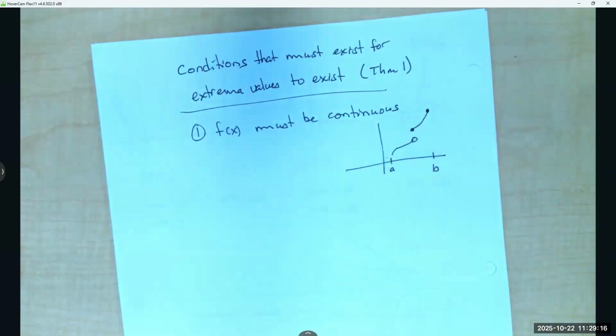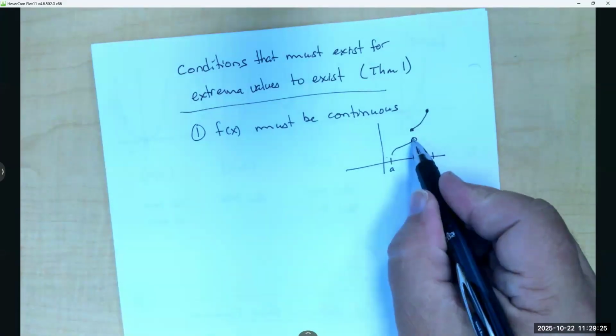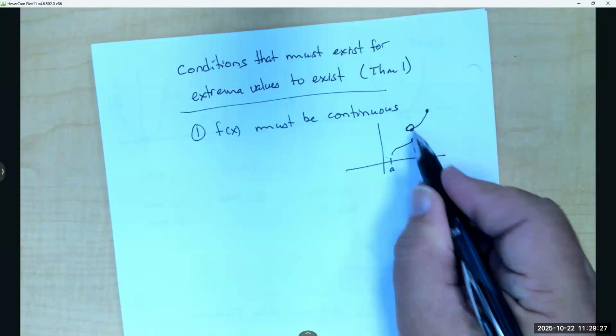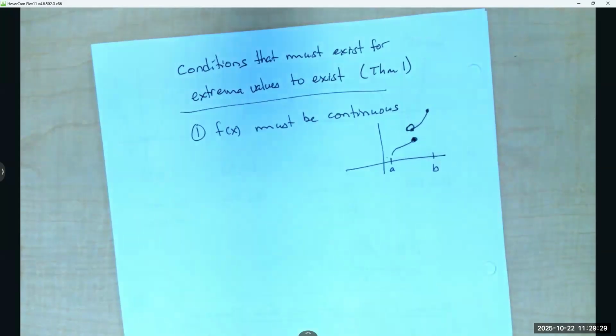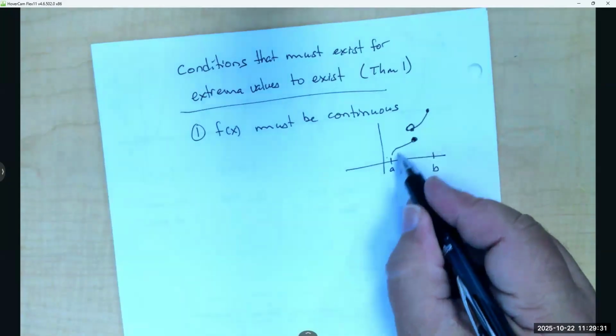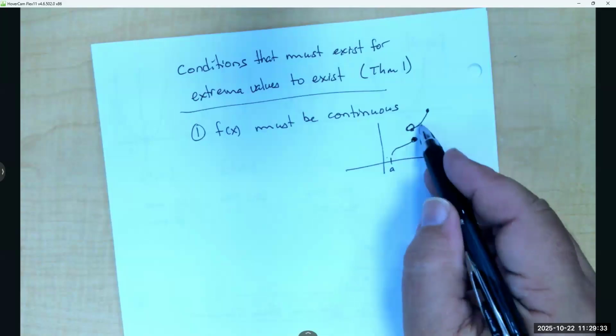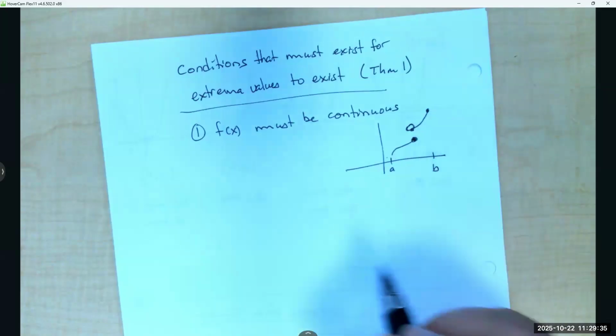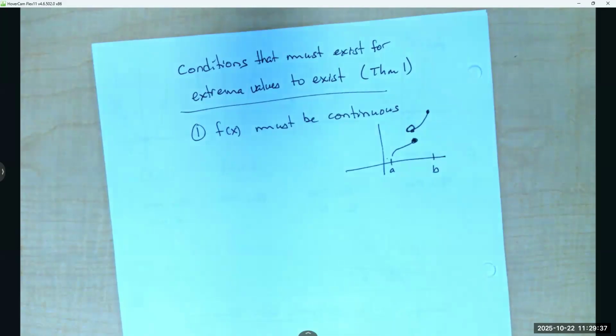Is there a maximum in this function? There's a maximum here for this first interval and this interval here at B. So we have two of them because the function is not continuous.